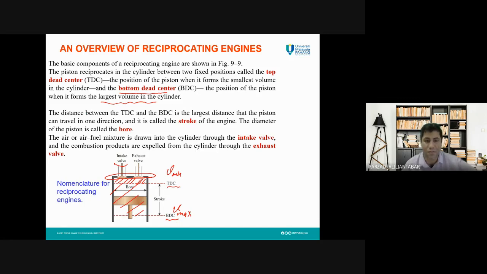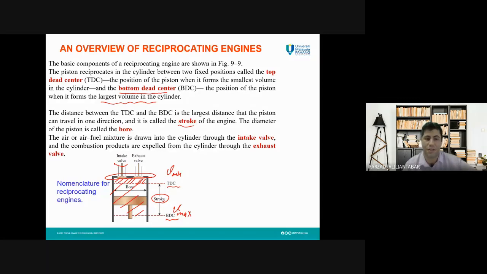The distance between top dead center and bottom dead center is called a stroke. The piston travels between these two points, and this distance is called one stroke.